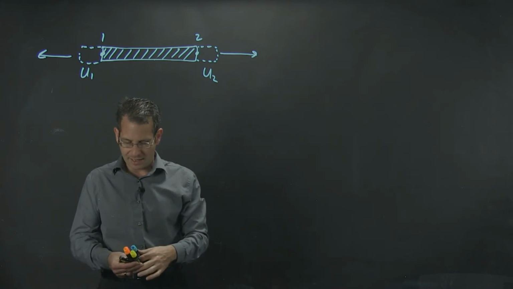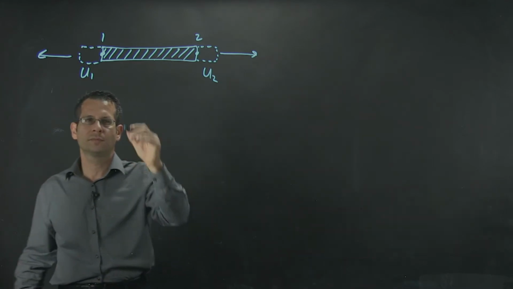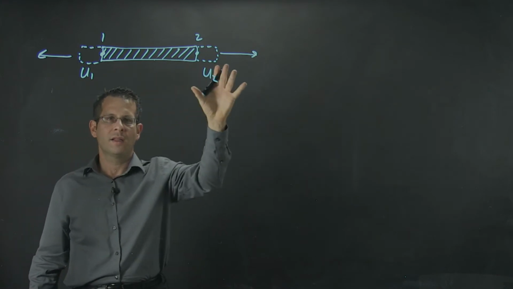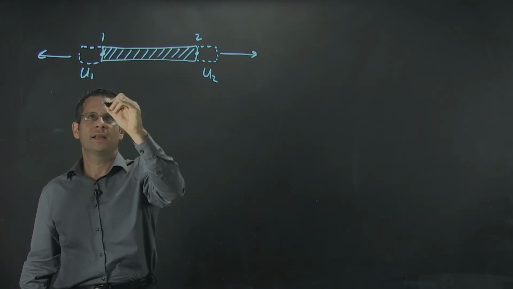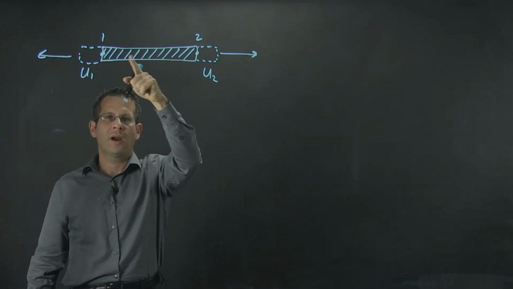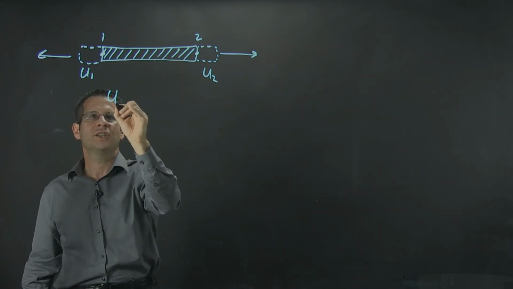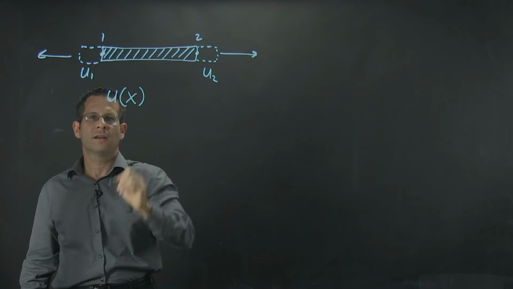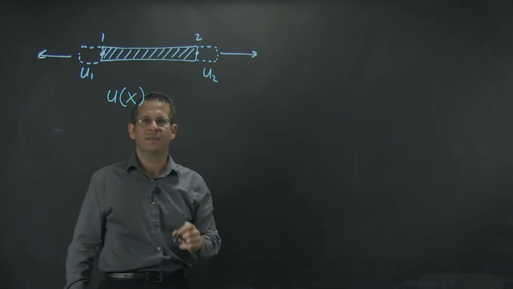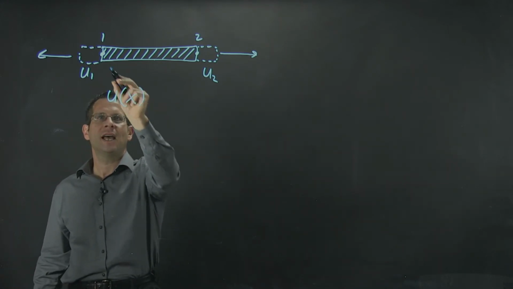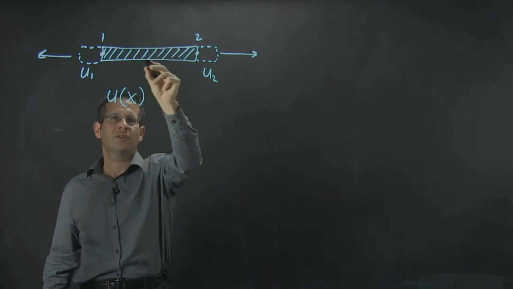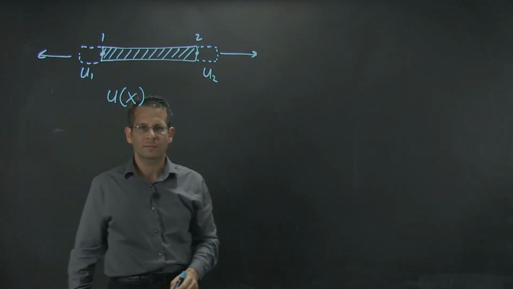Now, in reality, every point in this bar has been displaced by some amount, and I have some function of my displacement as a function of x, where this function has meaning anywhere in the x direction along this bar.